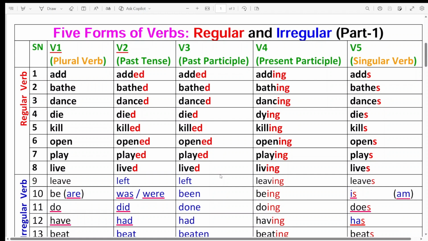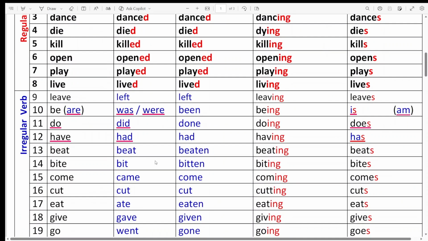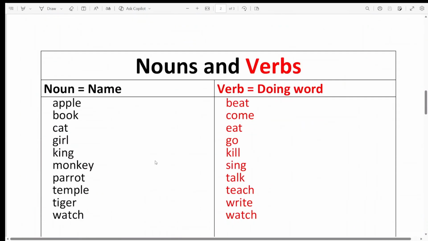So let's go to one of our supporting topics. So here we are at the topic, nouns and verbs. Words in black are nouns, whereas words in red are verbs.